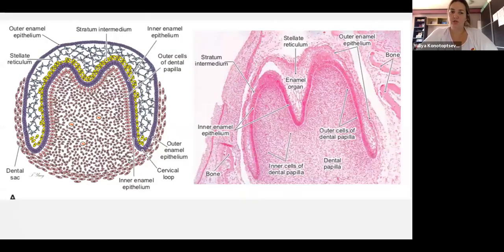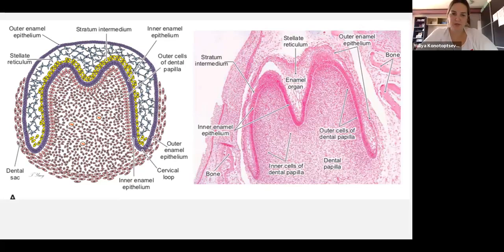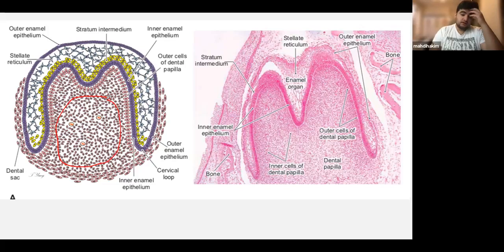Take a look at this picture. What is the first thing you see that is different compared to the cup stage? What you don't see. I'll help you. Dental papilla. Dental papilla is here. This is the dental papilla.